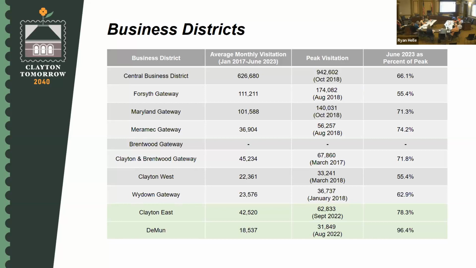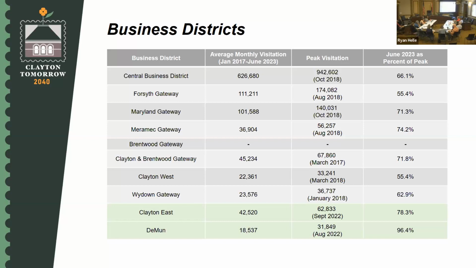Interestingly, Clayton East and Des Moines, their peaks were in 2022, so post-pandemic, versus all of the other business districts saw the peak or the highest visitation pre-pandemic. So that's one interesting dynamic. And then also the Clayton East and Des Moines areas both are closest to that peak. Today, particularly Des Moines, they're seeing almost 100% of that.